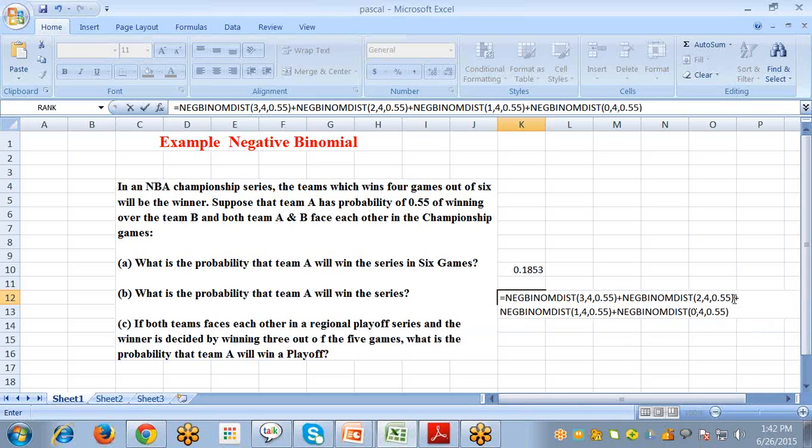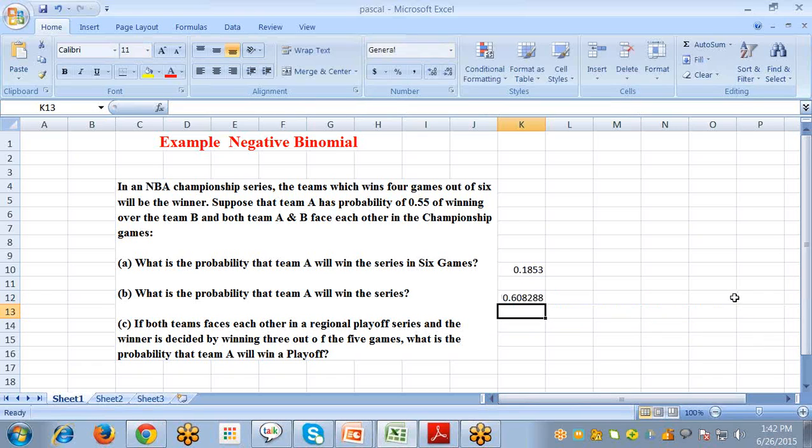So team A will win the series with a probability of 0.608.